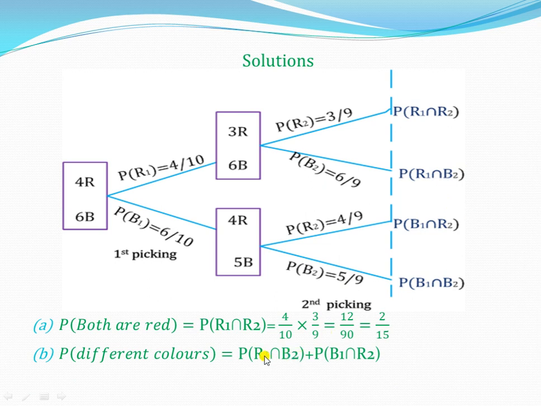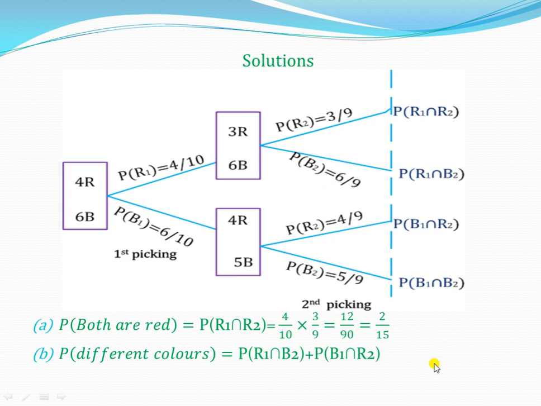And for example here, you want to get probability of red 1 intersection B2. I simply come to red 1, which is 4 out of 10, multiplied by B2, which is 6 out of 9. Come to B1 intersection R2, come to B1, take 6 out of 10, multiplied by R2, which is here 4 out of 9.